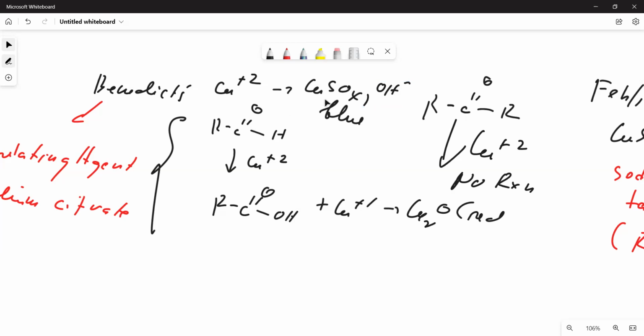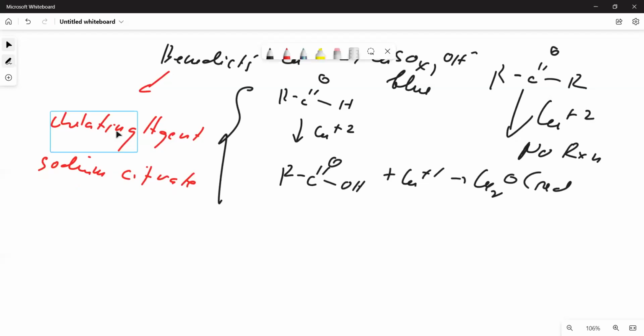In order for that not to happen, scientists add a chelating agent. A chelating agent is a reagent that will hold the copper so that it will not precipitate, just like a crab holding it. So in Benedict's reagent, the chelating agent is sodium citrate.